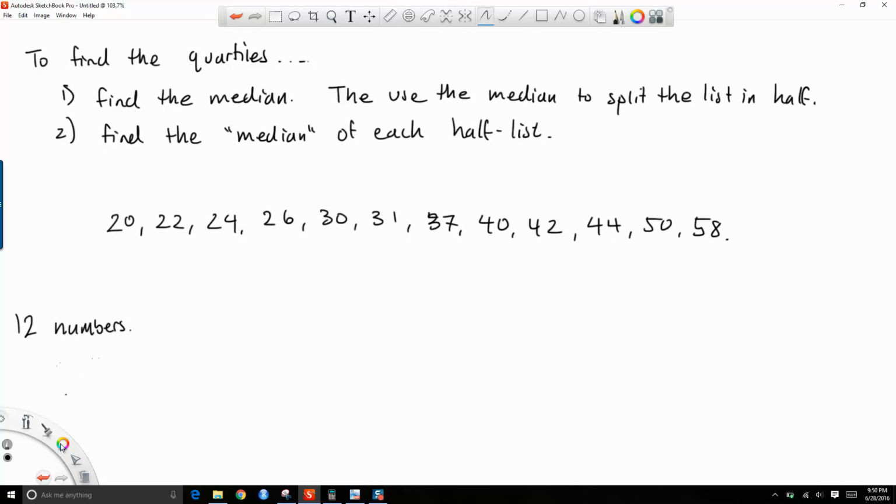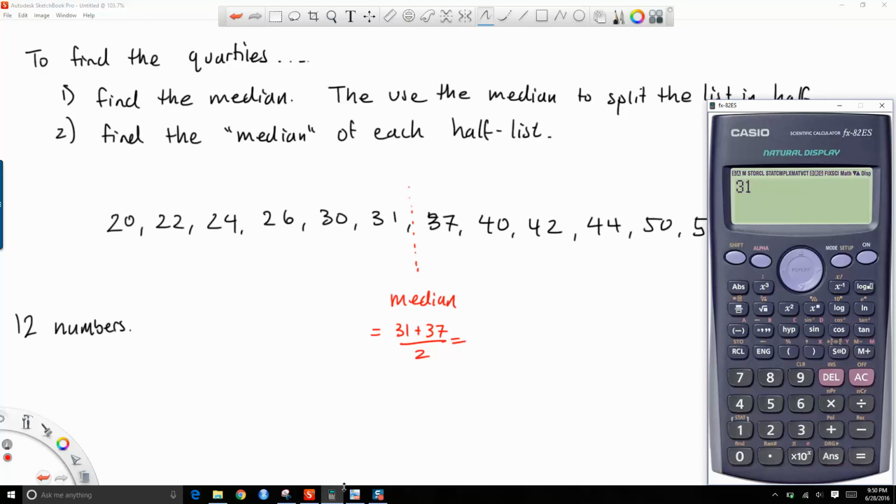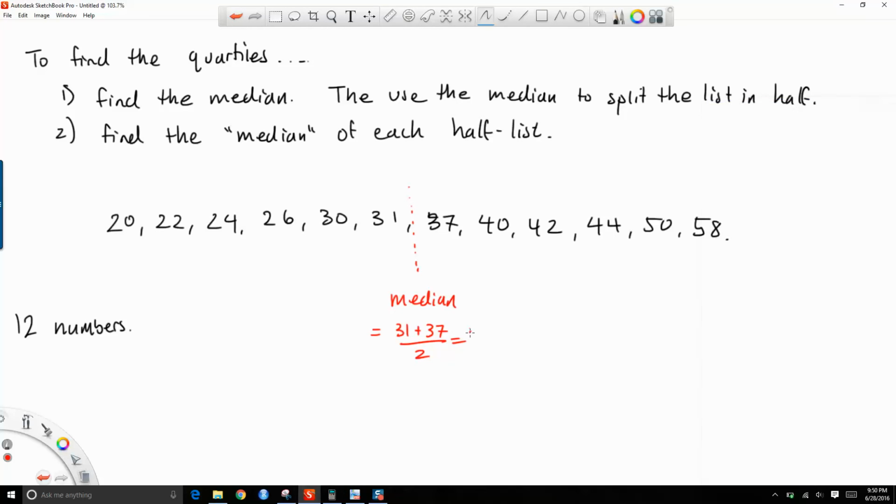So first we're going to find the median. We're going to find the spot where 6 values are smaller and 6 are greater. So this is the median. The median will be 31 plus 37 over 2. I get my median to be 34. And so now I've got one list of 6 that's smaller and one list of 6 that's greater.